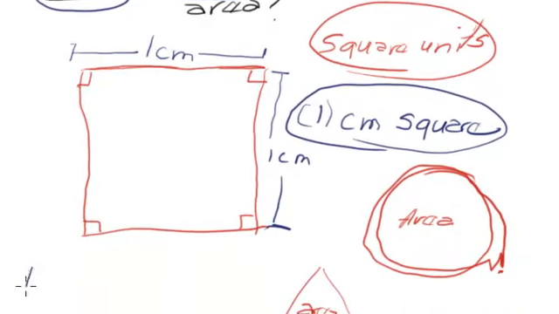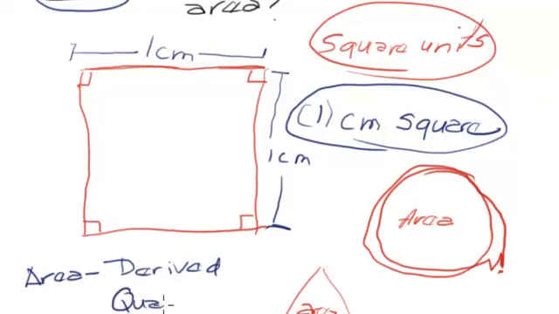So area is one of these things in math that we say is derived. It's a derived quantity, and that's a really important concept in mathematics. Area is derived, which means it has to be calculated.